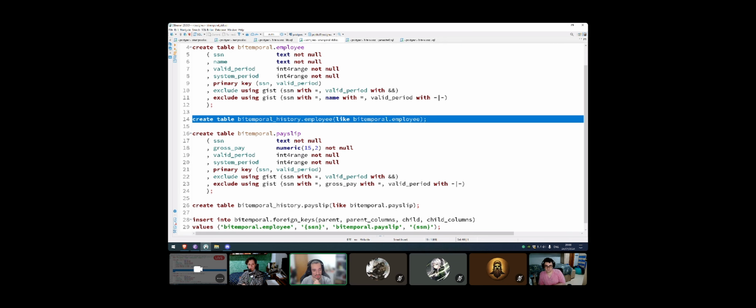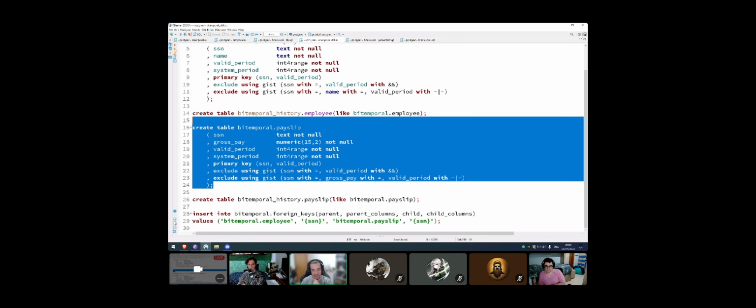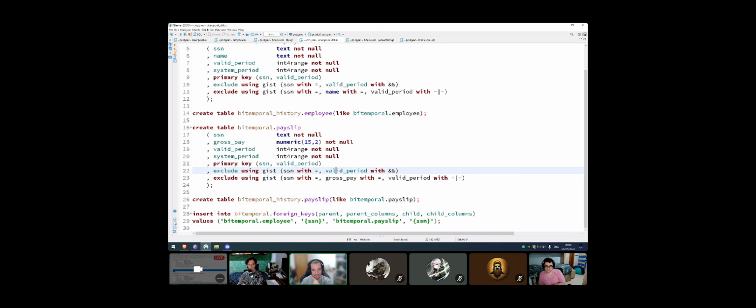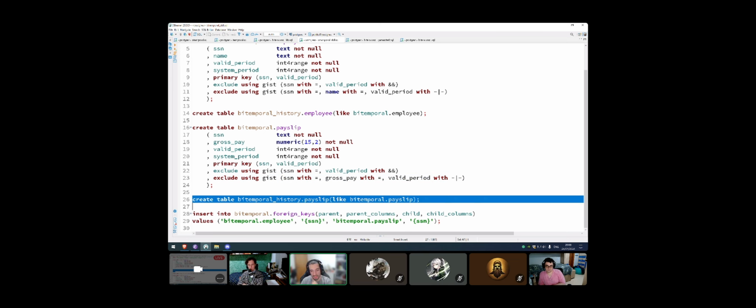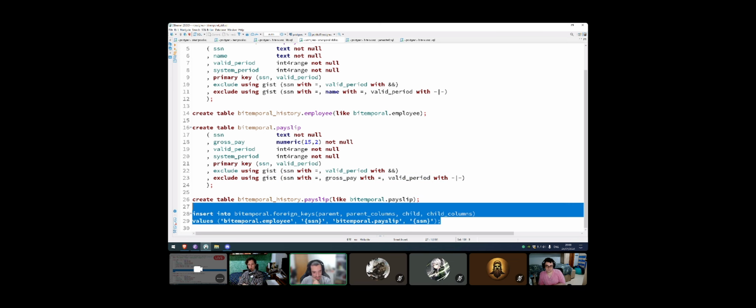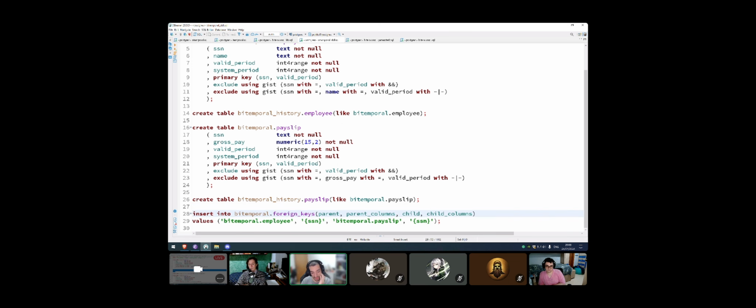The same thing here for payslip, the same premise with the overlapping, adjacency, and history table.